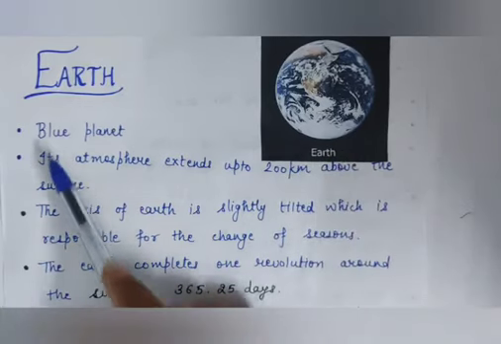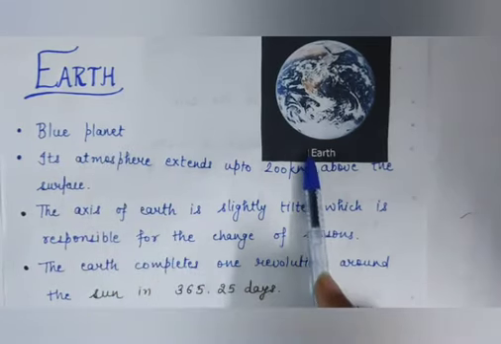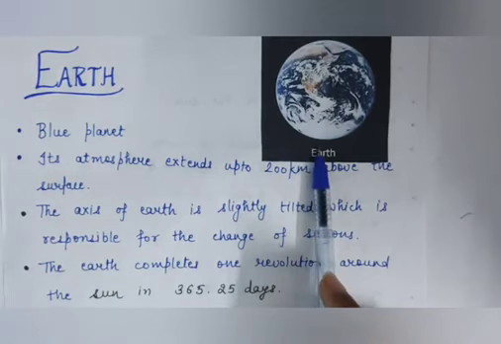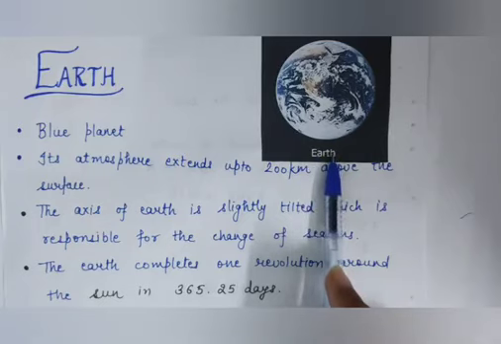It is also called the blue planet. Why? Because Earth appears blue-green from space due to reflection of light from water and land mass.